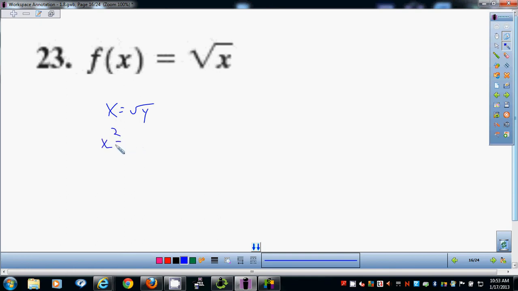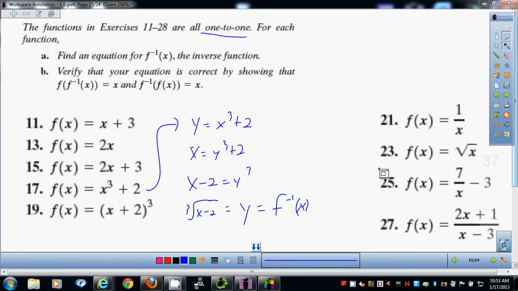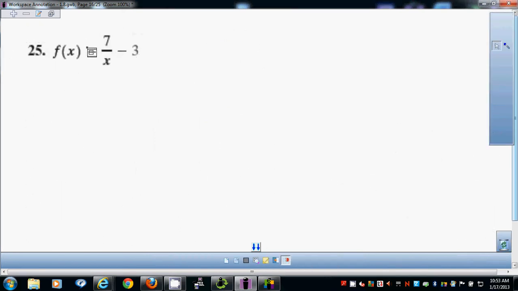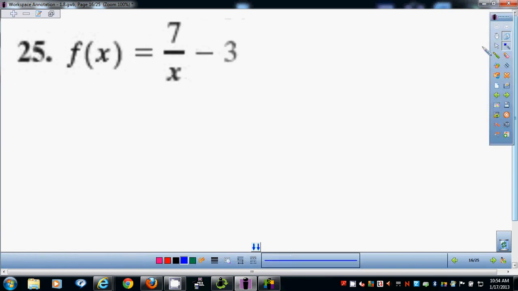Okay. When x is in the bottom, things change a tad on what you can do algebraically. So it's going to be x equals 7 over y minus 3. What's the first thing we have to do? Add the 3. You want to isolate the y. Now what do you think we do? A lot of people will look at this and they say, why don't you divide by 7? Because then you're not solving for y, you're solving for 1 over y.